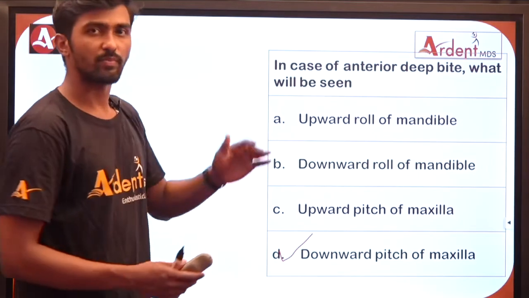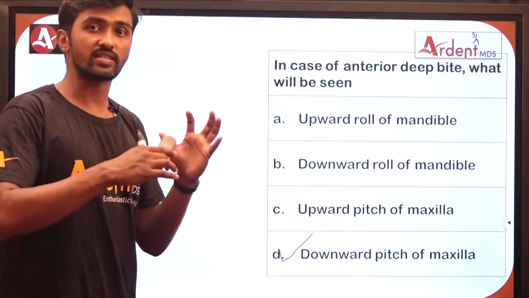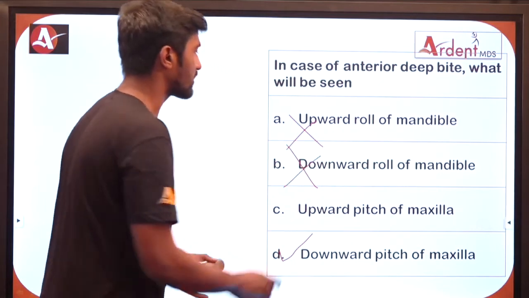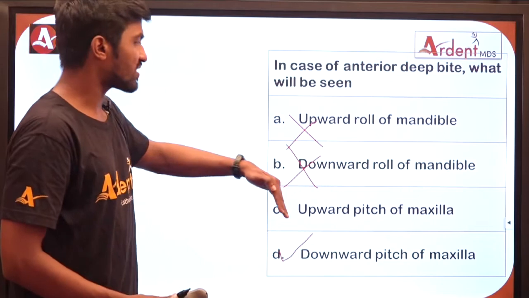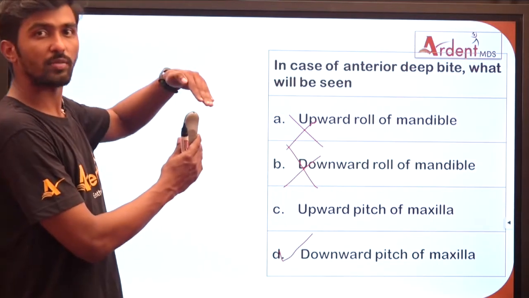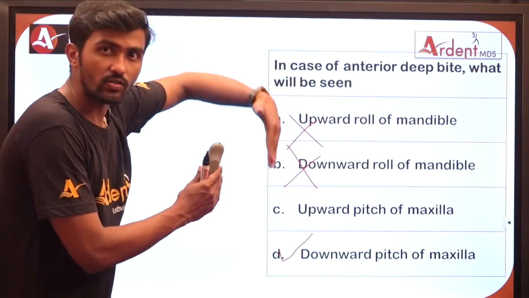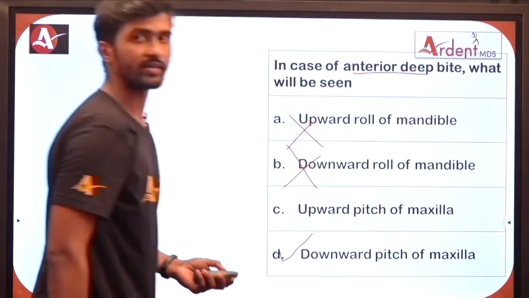Of course, pitch, roll and yaw are pertinent mostly in the case of the maxilla rather than the mandible. So you can omit the options of the mandible and just focus on the maxillary options. Upward pitch of the maxilla will lead to open bite, whereas downward pitching of the maxilla will cause anterior deep bite.